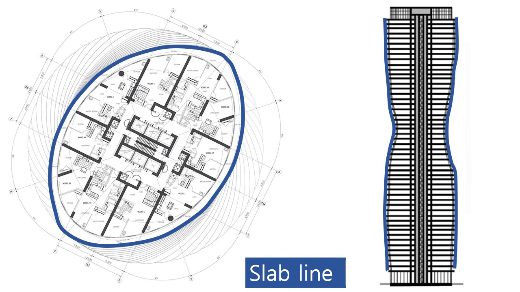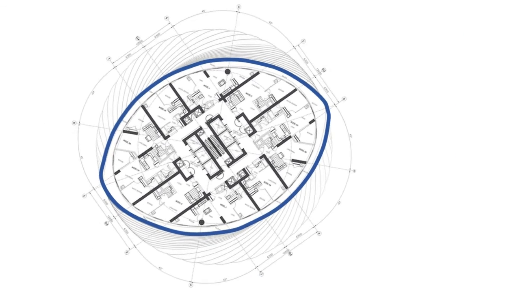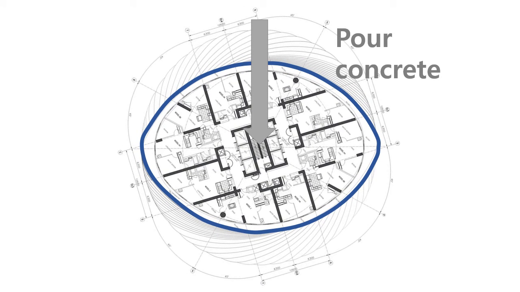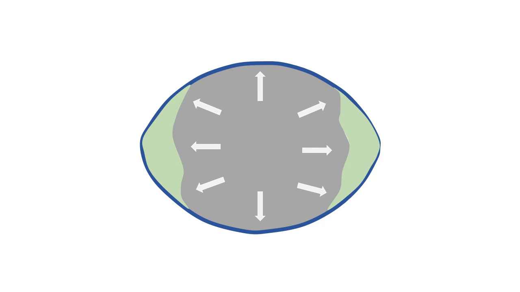To understand difference of normal concrete and self-consolidating concrete, take absolute tower as an example. When concrete is poured on the middle of the slab, normal concrete with low flowability couldn't spread to the edge of the slab.